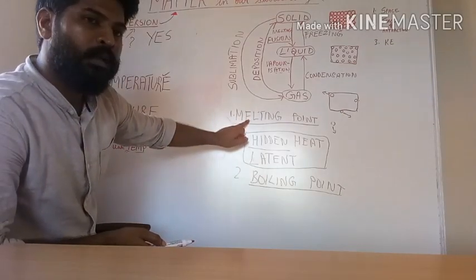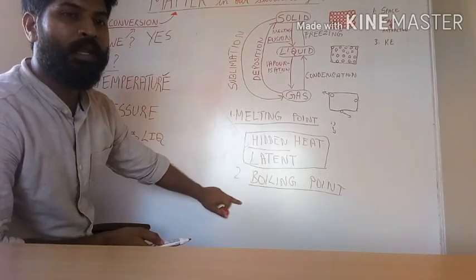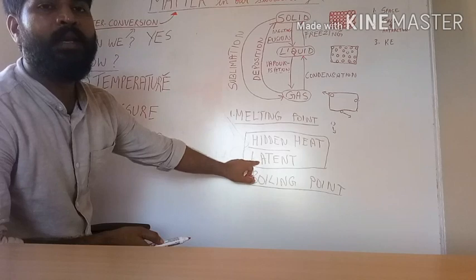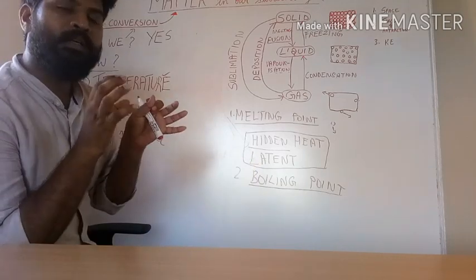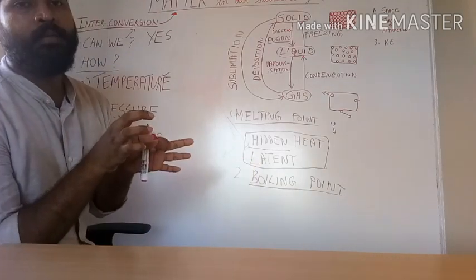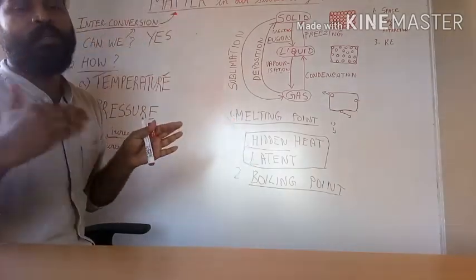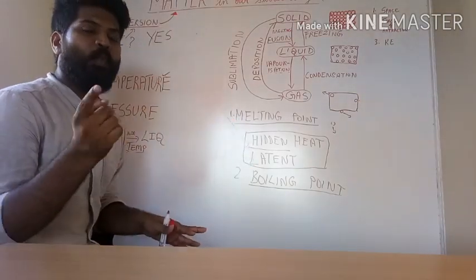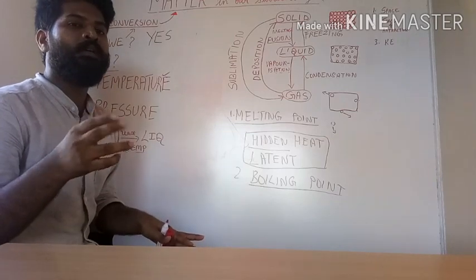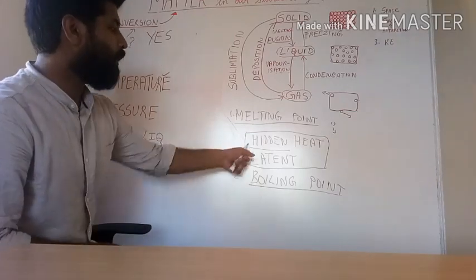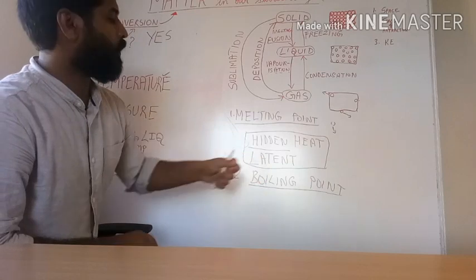During melting as well as during boiling, we see what is called latent heat. What is latent heat? It is the hidden heat that is used to break the force of attraction. Therefore, this heat will not be shown as a change in the thermometer reading. Hidden heat or latent heat.